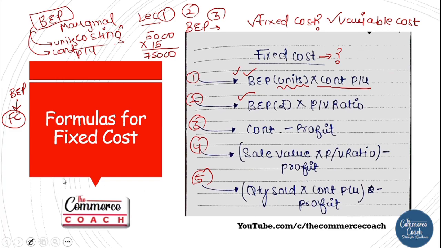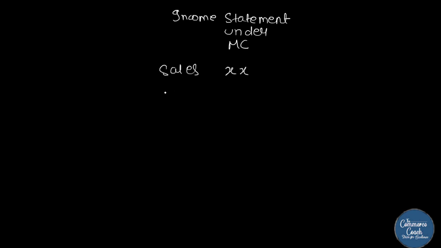If you do not remember, let me explain. If we talk about the income statement under marginal costing, first of all we have sales, and from sales we deduct variable cost, and after deduction we get contribution.